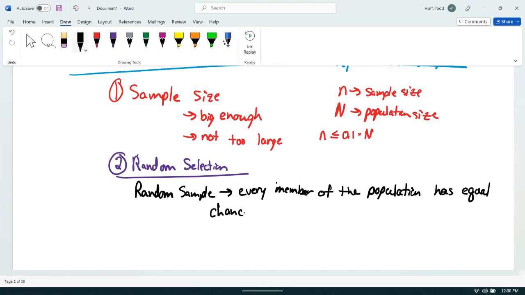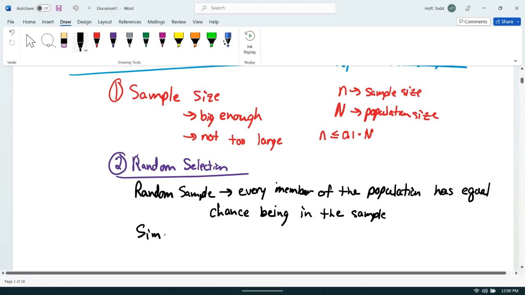Now that sounds good, and it is, but it's not good enough. There's something more powerful called simple random sampling.